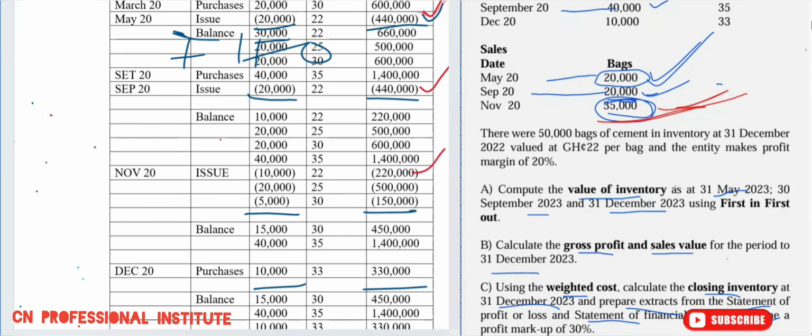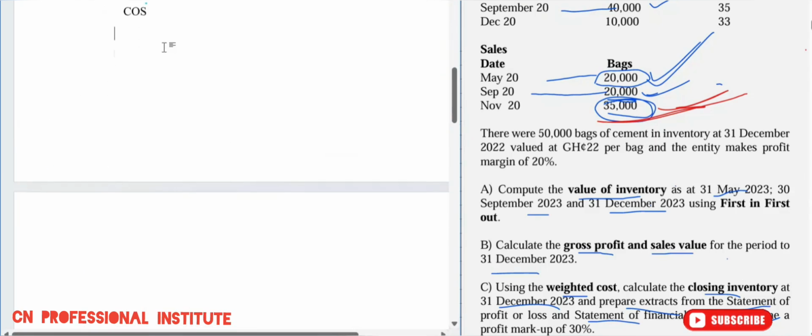Then we have 220. We have 500, 150. And then that's all. So we are going to sum all the issues to get our cost of sales. So our cost of sales in May, let me do it per month. In May it was 440,000.